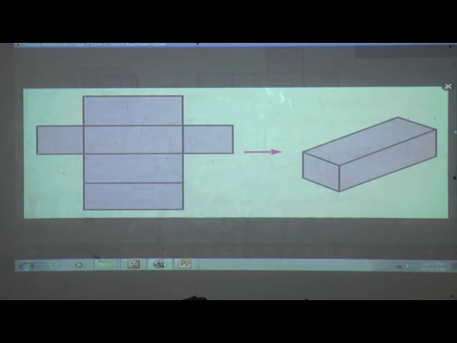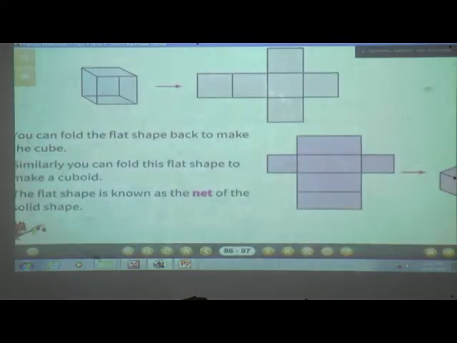That is, a solid has 3 directions: length, breadth and height. So that is called 3D. A cube has 6 surfaces and all are squares. So when we unfold it, we can get a cube again.